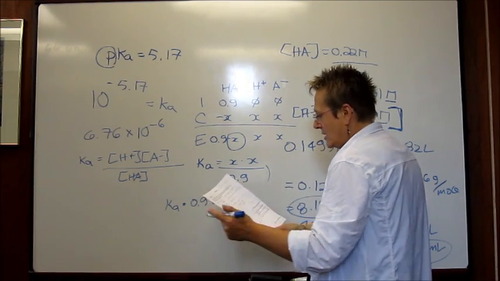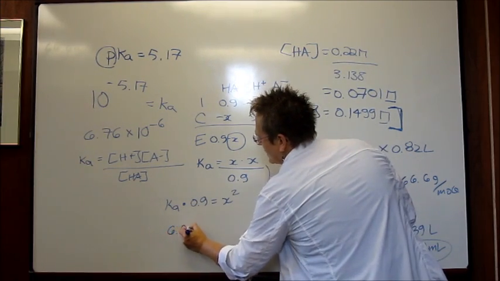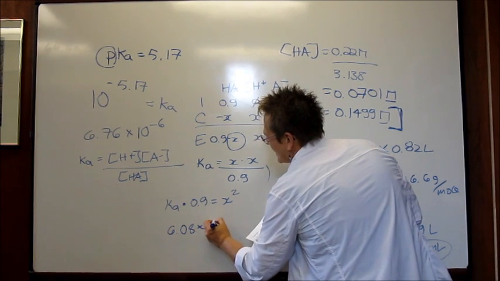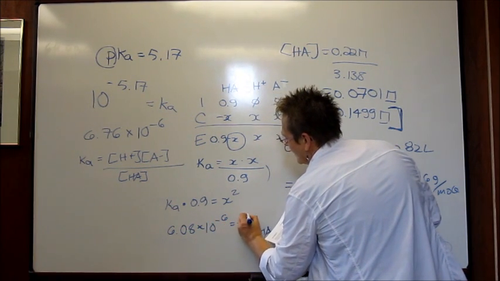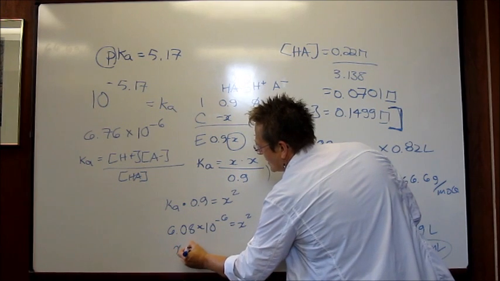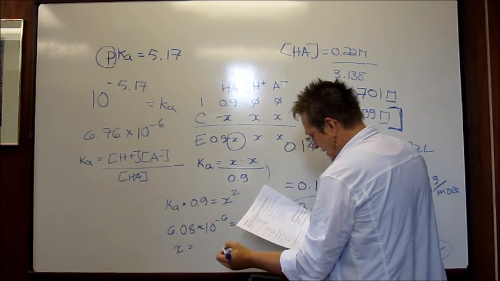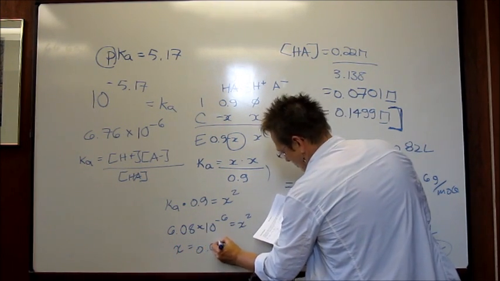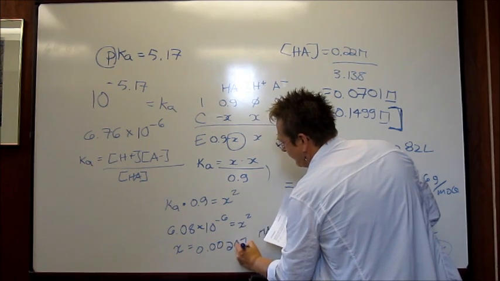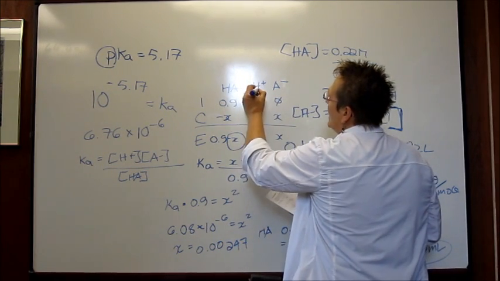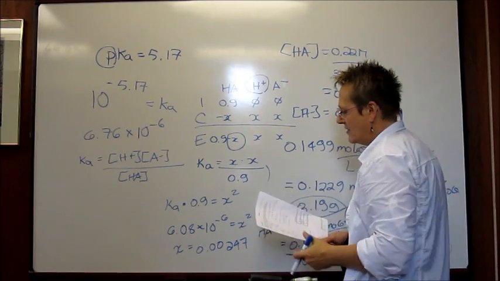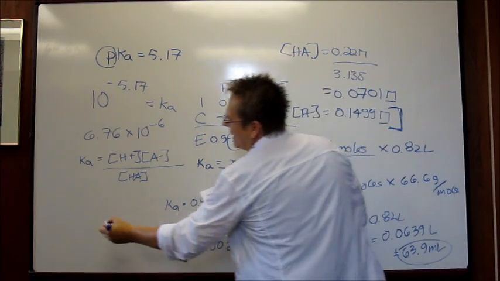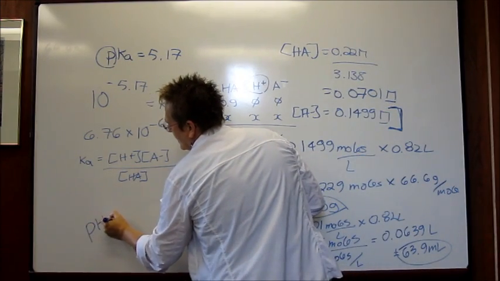Ka times 0.9 is equal to 6.08 times 10 to the minus 6. Which makes X, if I take the square root of that, equal to 0.00247. Now X is my H+ concentration. Take the negative log of that, I get a pH of 2.6.